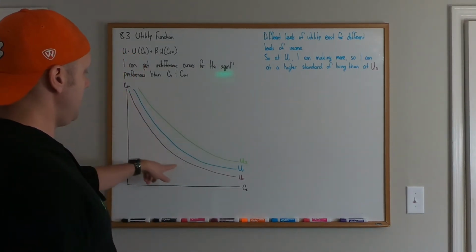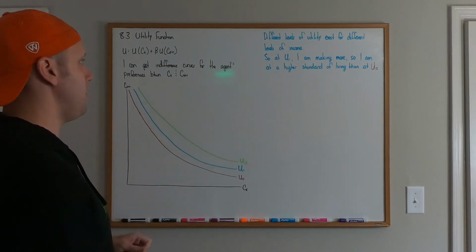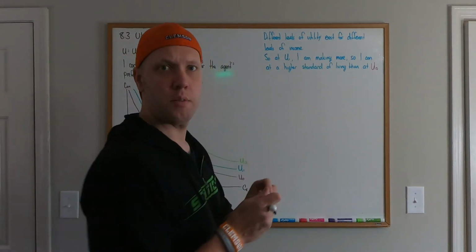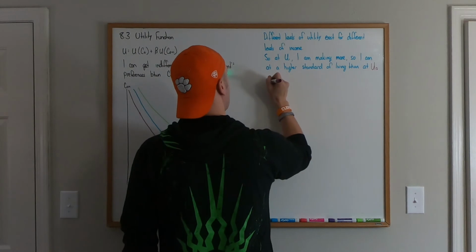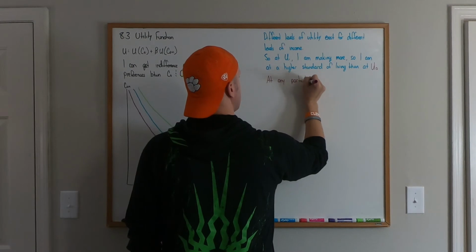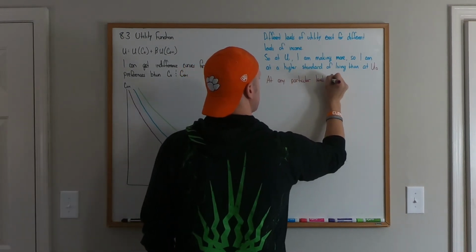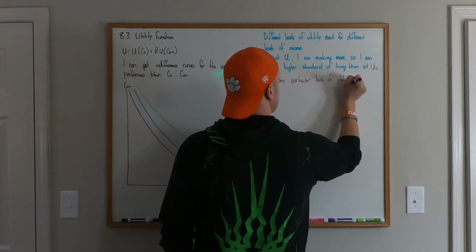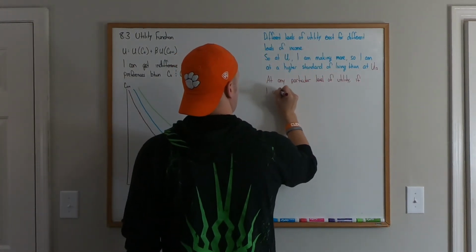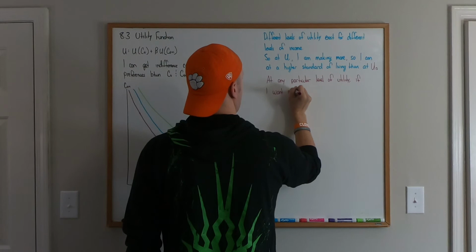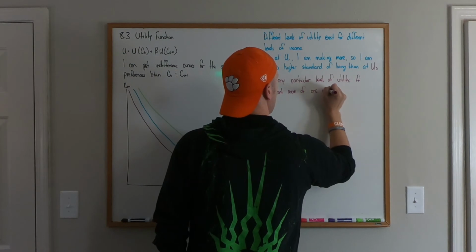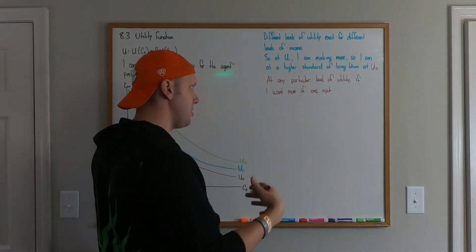in order to hold utility constant, right, so at one particular level of utility, at any particular level of utility, I want more of one input, so CT plus 1.